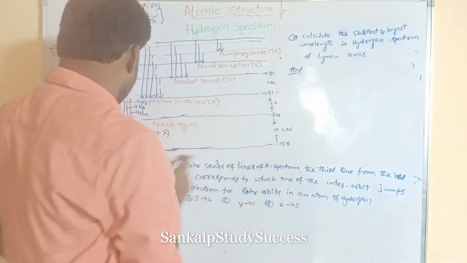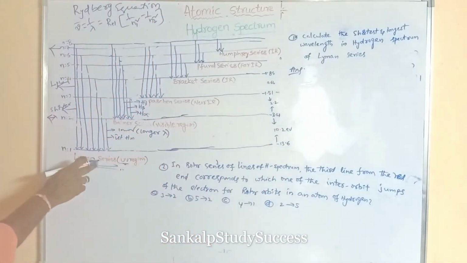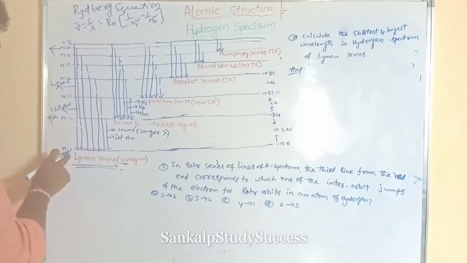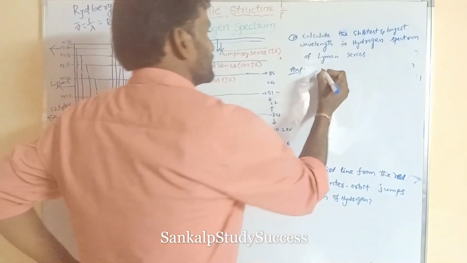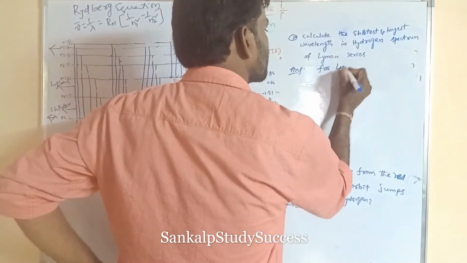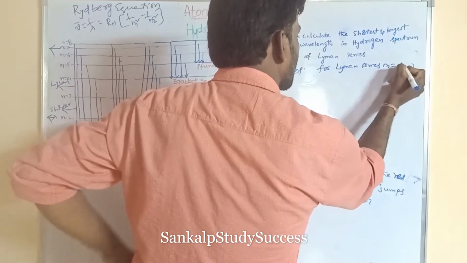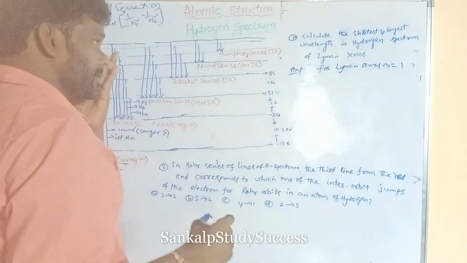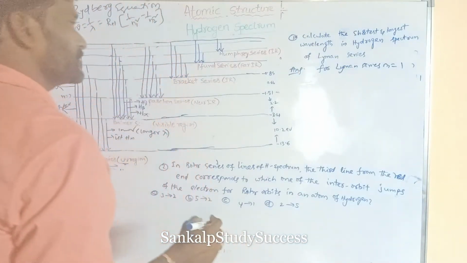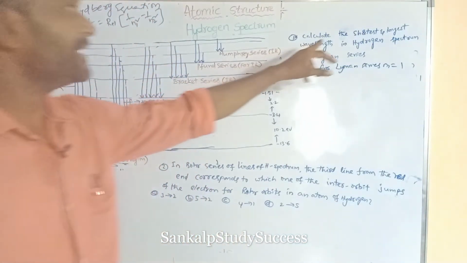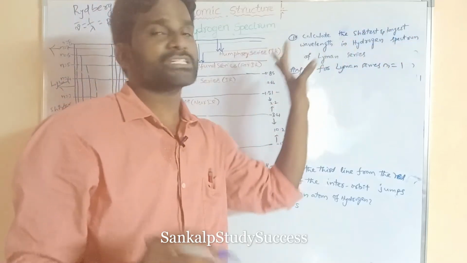This is the Lyman series. For the Lyman series, n1 is equal to 1, where n2 is equal to, right? Here we calculate the shortest and longest wavelength.